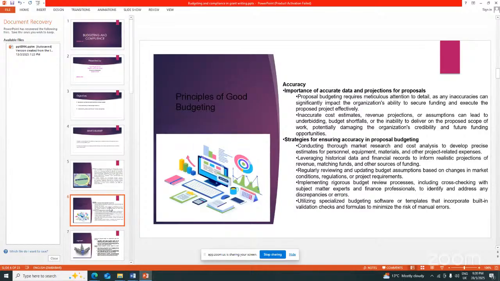All the information on the budget can be distorted just by missing one figure. So we need to be very attentive and pay more attention to details when we are budgeting.